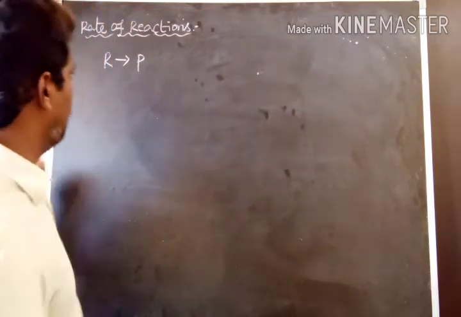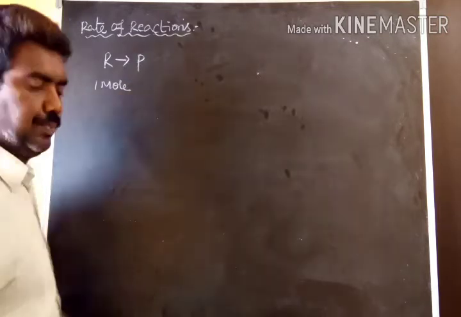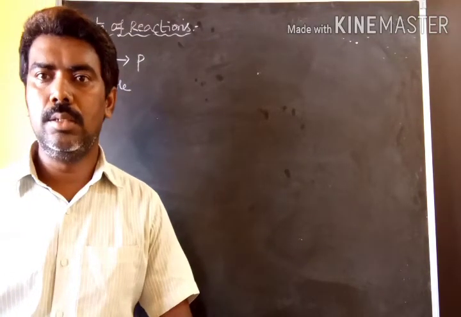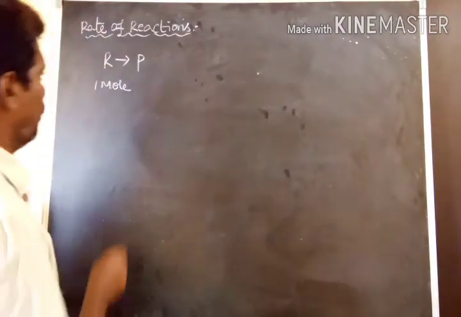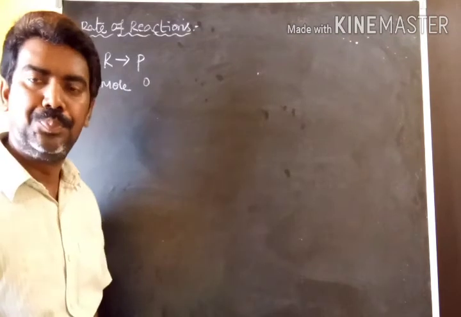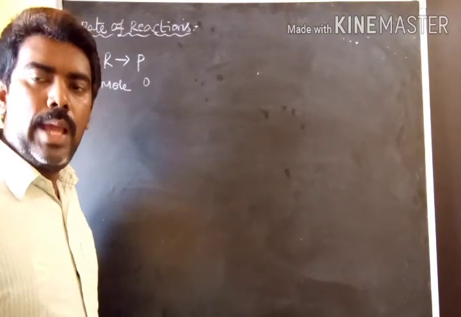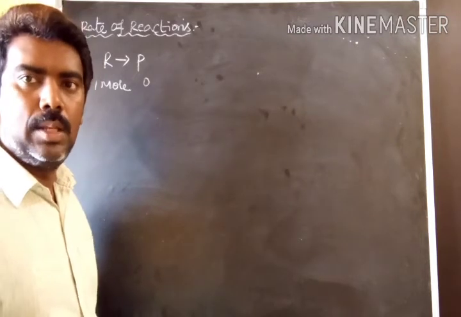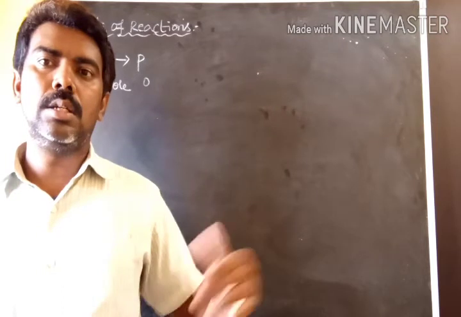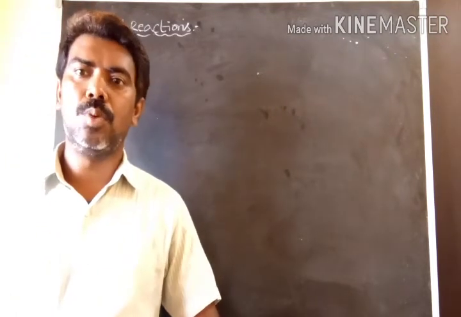At the beginning of the reaction, there is 1 mole of reactant, and before the reaction starts, the number of moles of product is 0. When the reaction starts, the reactants are converted into products.